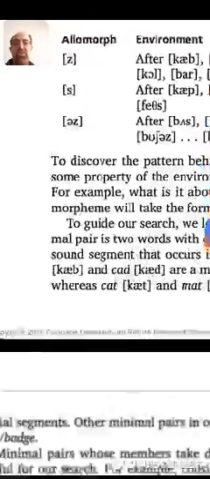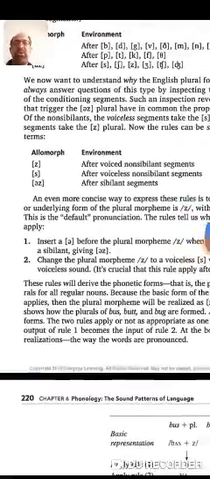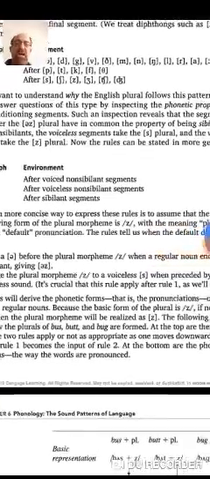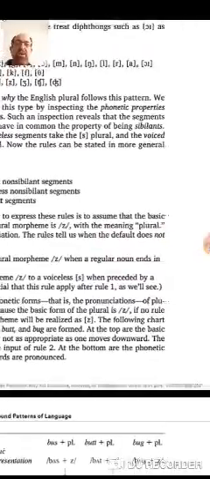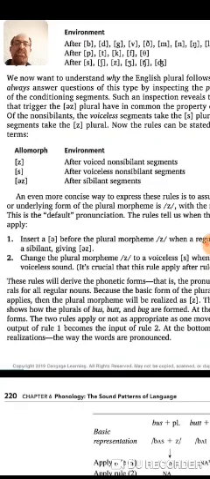So the rule is something like this. First of all, rule number 1: insert a schwa before the plural morpheme z when the regular noun ends in a sibilant. The result is bush becomes bushes.